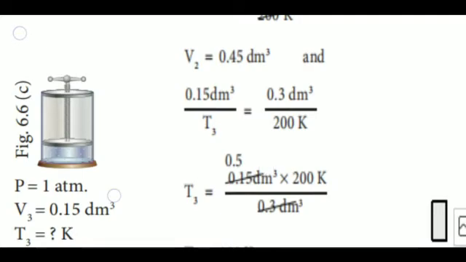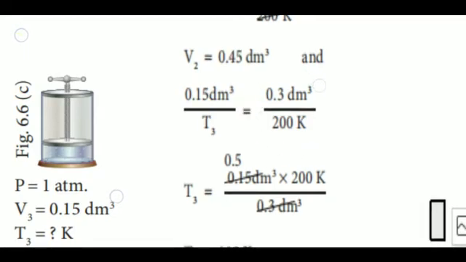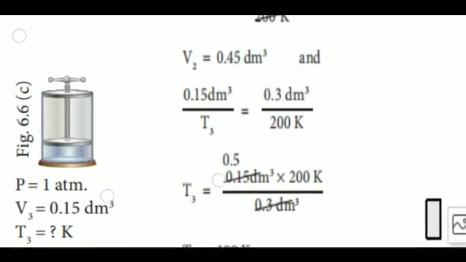Here T3 is in the denominator, so we have to bring the 0.3 decimeter cube and 200 Kelvin towards the left hand side. So we can cancel the 0.3 decimeter cube with 0.15 decimeter cube. We are getting 0.5.